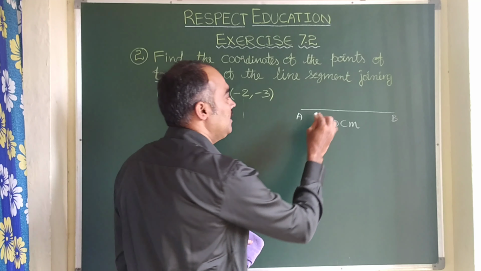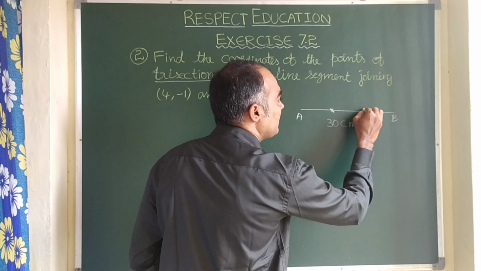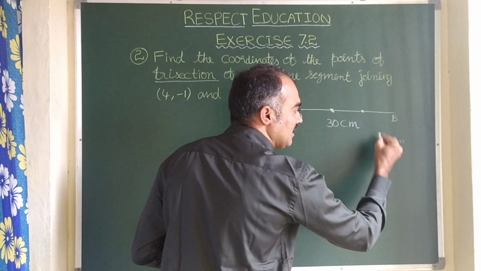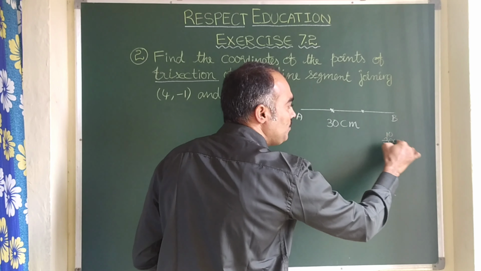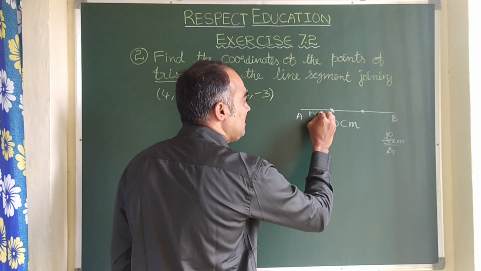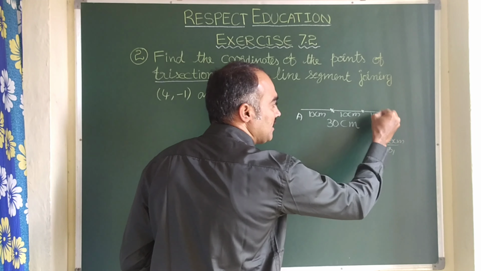Can you guess what each part will be? 30 centimeter divided into 3 equal parts: 3 tens are 30. So each part is 10 centimeter. This is 10 centimeter, this is 10 centimeter, this is also 10 centimeter.